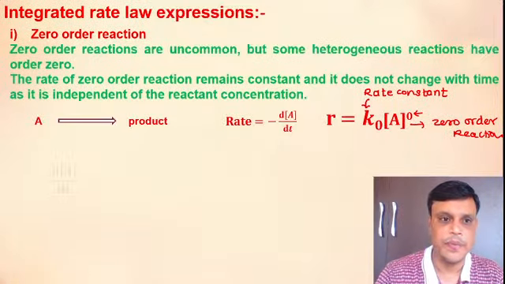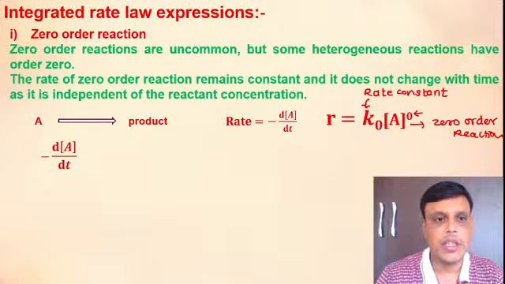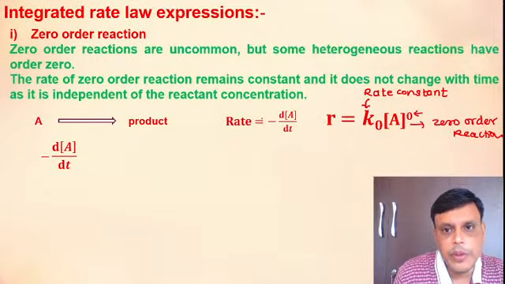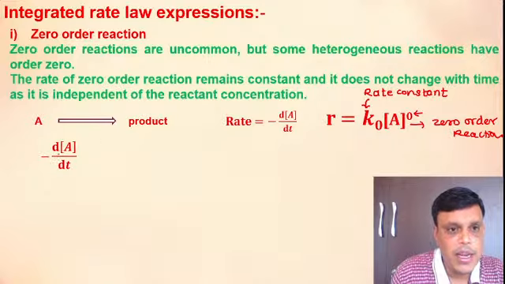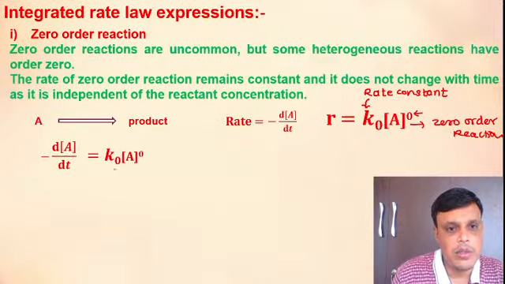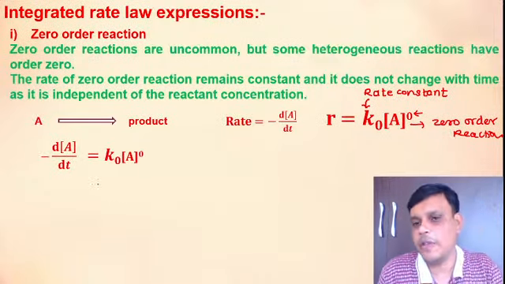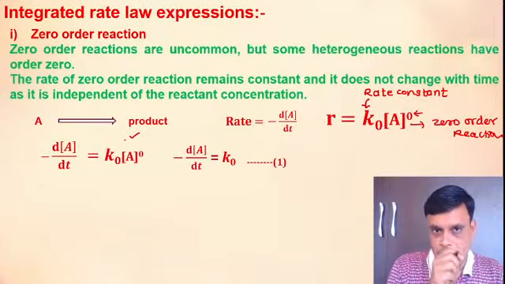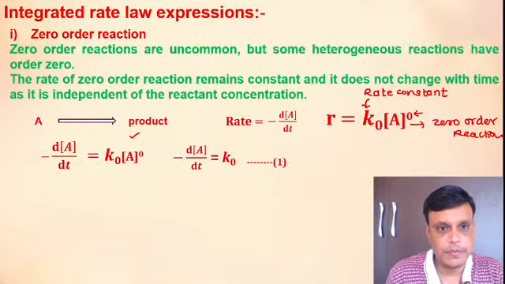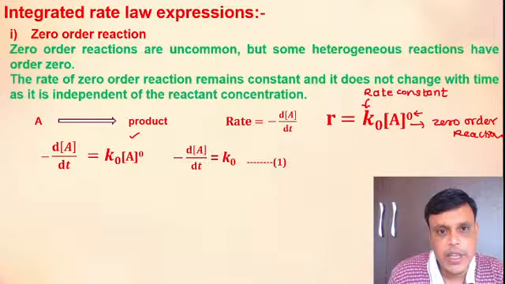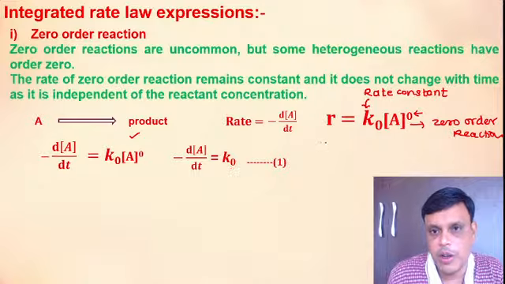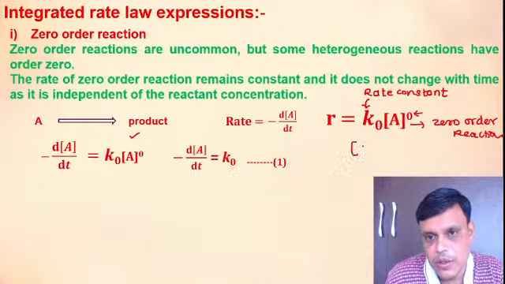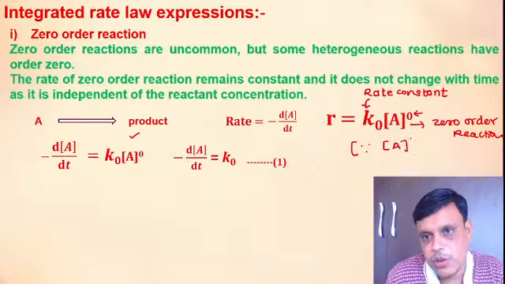Please remember this. Okay. Then we can write down this also: if you equate these two equations, then you can have minus d concentration of A by dt equals K0 into concentration of A to the power 0. Then next, minus d concentration of A by dt is equal to K0, because anything raised to 0 is equal to 1.